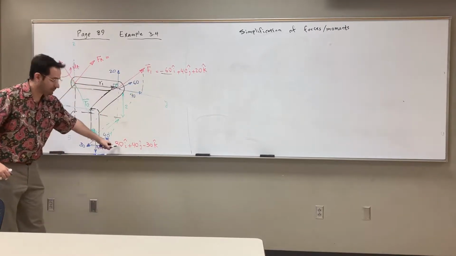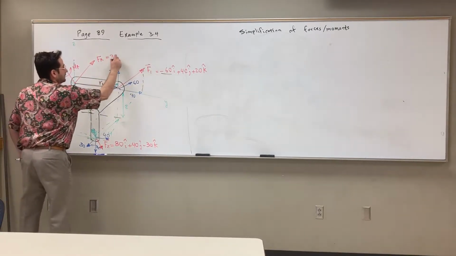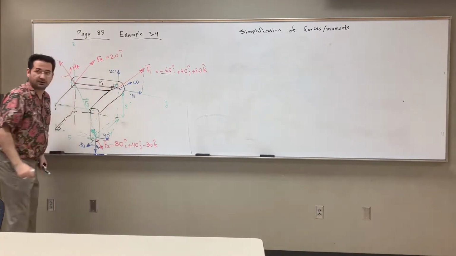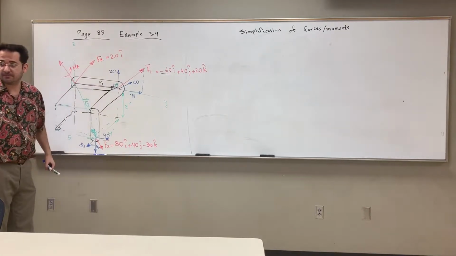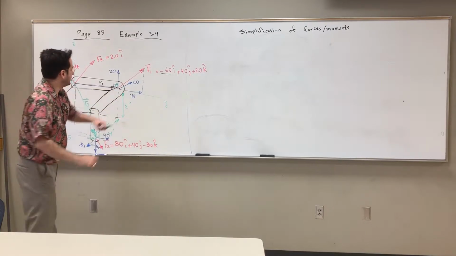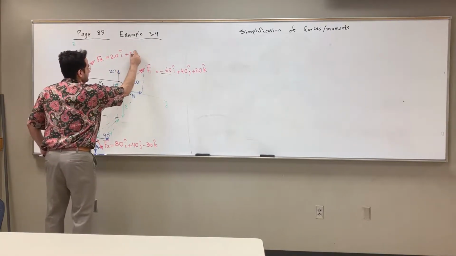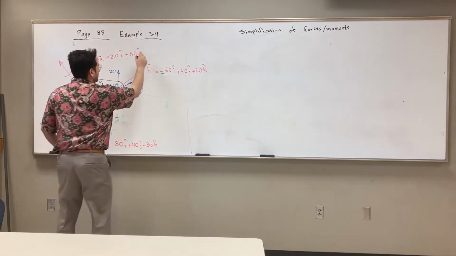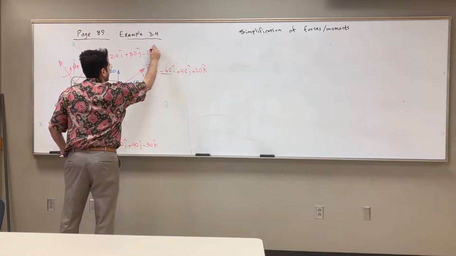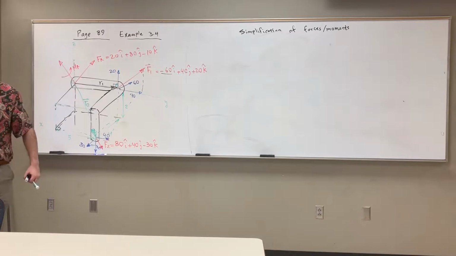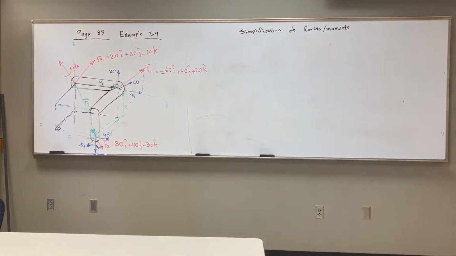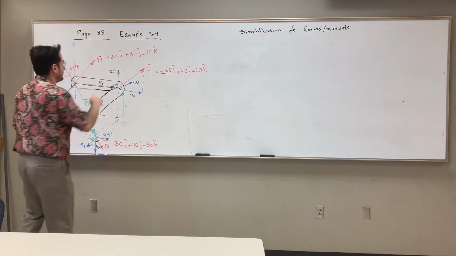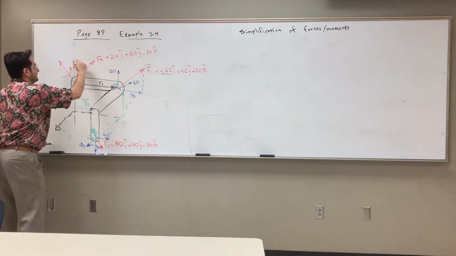So what's the value of F resultant? Negative 60 plus 80, 20i, and 8j. Thank you. Plus negative 10k. Right? So this is your resultant force. What's the resultant moment?